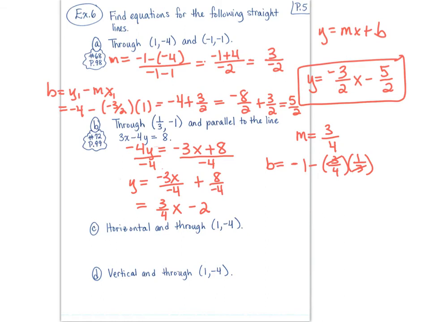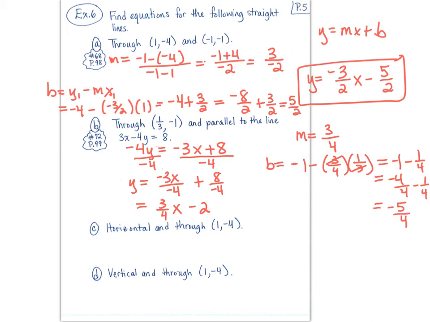And so that's equal to negative 1 minus 1/4. Negative 1 minus 1/4 is the same thing as negative 4 over 4 minus 1 over 4. That gives us what? Negative 5/4. Good.